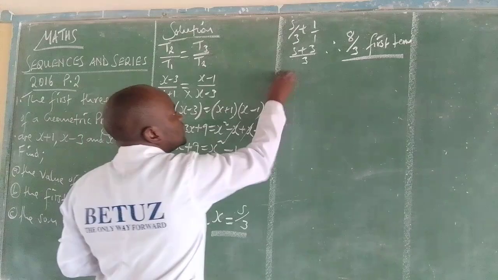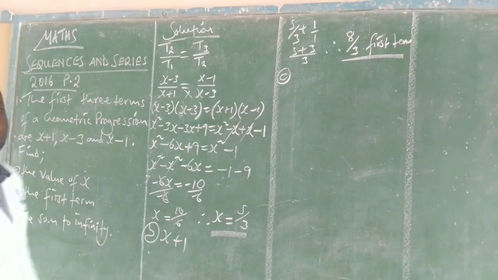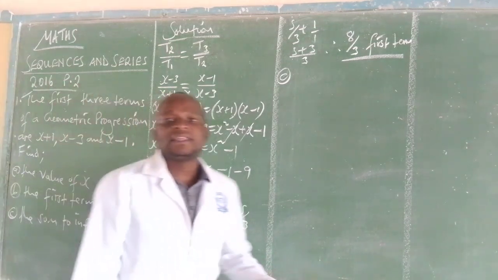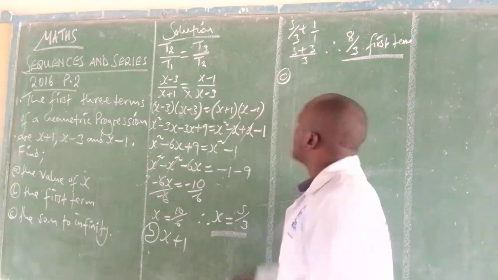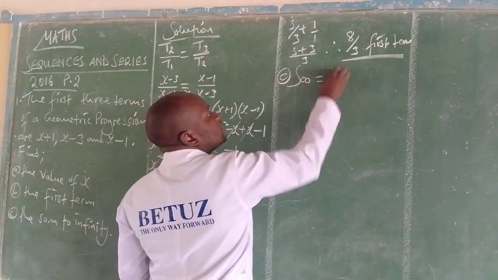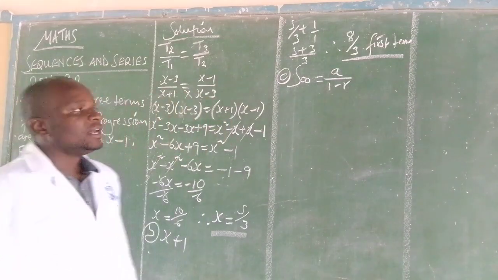Then coming to question C, which says find the sum to infinity. The sum to infinity is calculated by the formula which you know very well: sum to infinity is equal to the first term divided by 1 minus the common ratio.